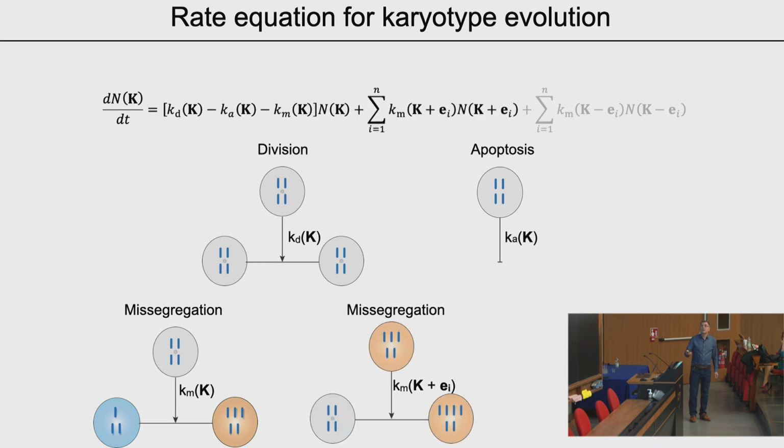Of course, to make the model complete, we also need to take into account that this type of gain terms appear, where when this type of cells misaggregate, it can actually lead to our original cell karyotype. So they are also contributing with a positive contribution here. So this is the basic idea of the model.